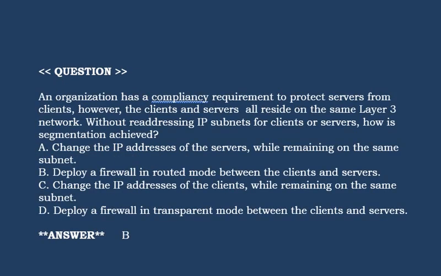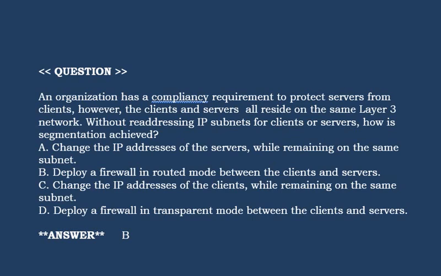Next question is: an organization has a compliancy requirement to protect servers from clients. However, the clients and servers all reside on the same layer 3 network. Without readdressing IP subnets for clients or servers, how is segmentation achieved? Option A, change the IP address of the servers while remaining on the same subnet.